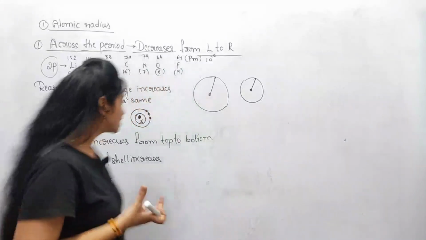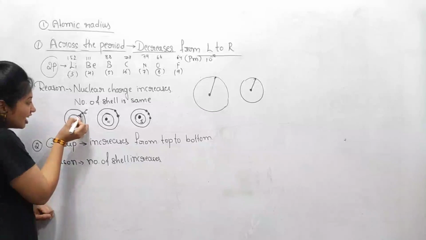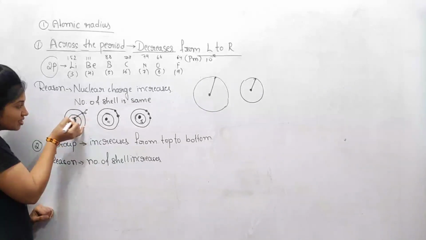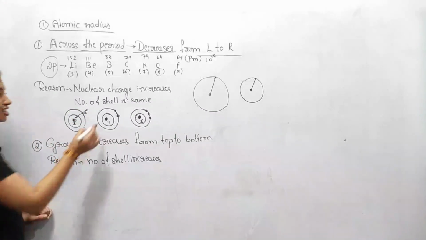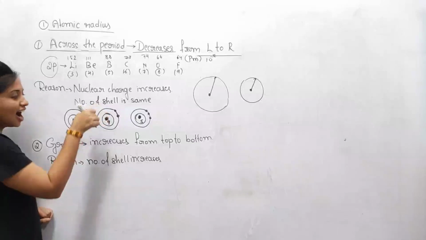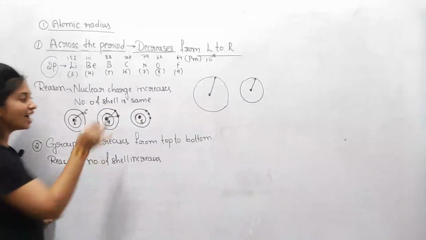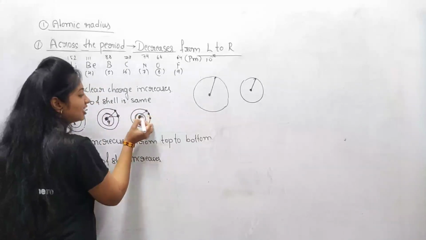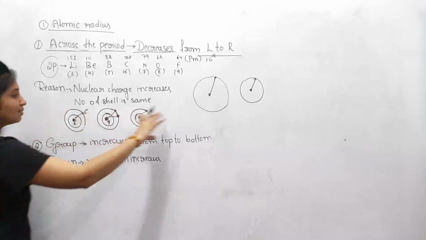So these protons attract or pull these electrons towards themselves. These 4 protons attract these electrons towards themselves, and these 5 protons attract these electrons towards themselves. So what happened, guys?